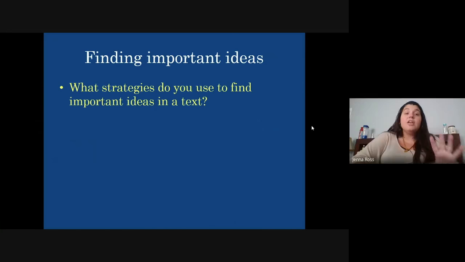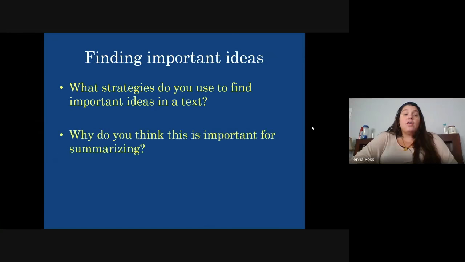But just a reminder, for finding important ideas, the strategies you're going to use here are things like finding the main idea and looking for the big picture and topic sentences in your paragraphs. Okay.